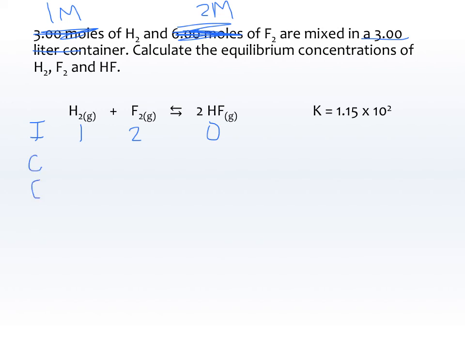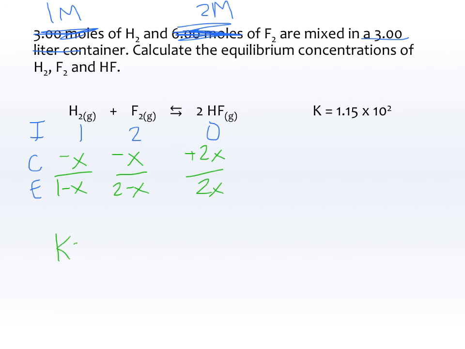There's going to be a change and an equilibrium. So the change is going to lose 1x, and gain 2x. So far this looks just like the problem ahead of it. So you end up with 1 minus x, 2 minus x, and 2x. Now we need the K equals expression.